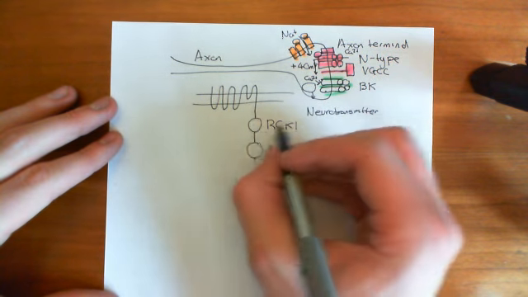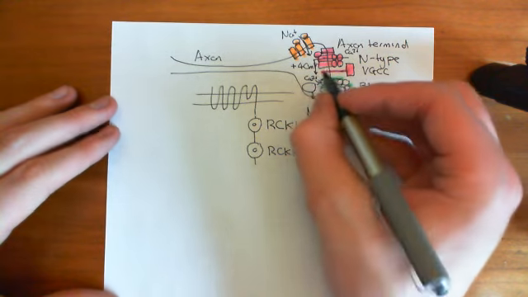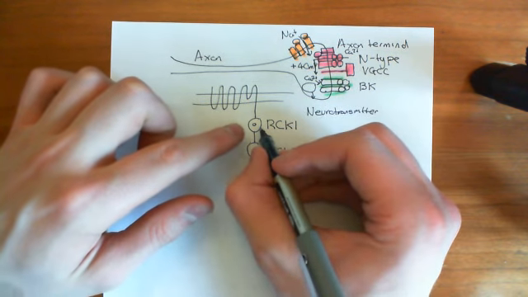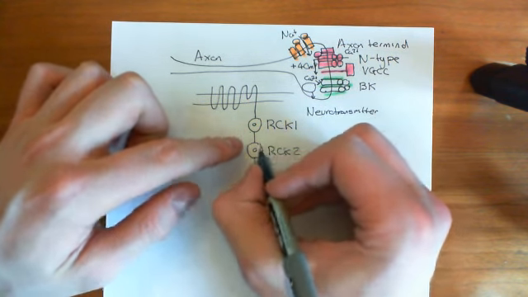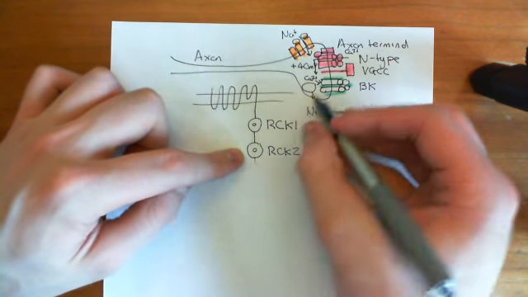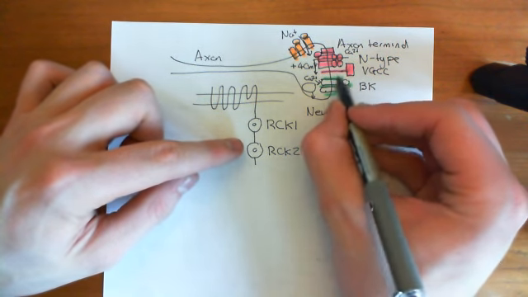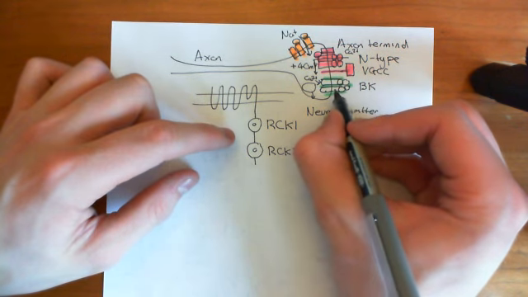And each of those has a calcium ball. So calcium is going to bind to these, and that's going to cause this BK channel to open.